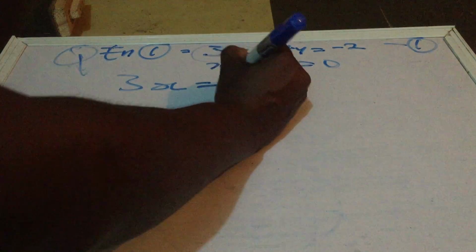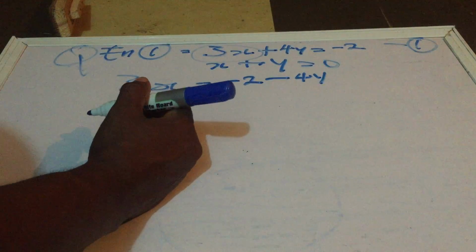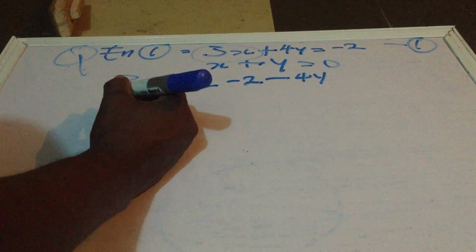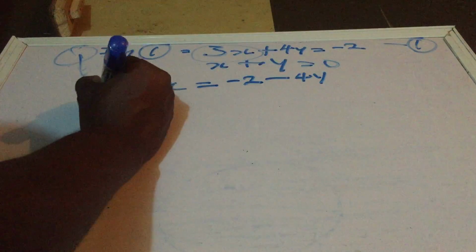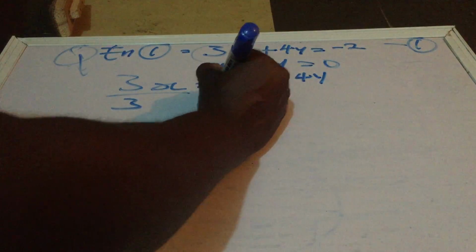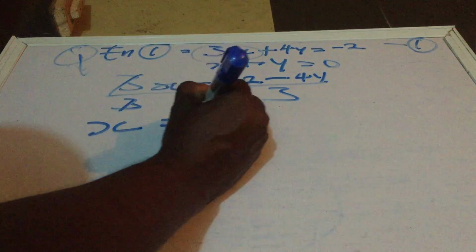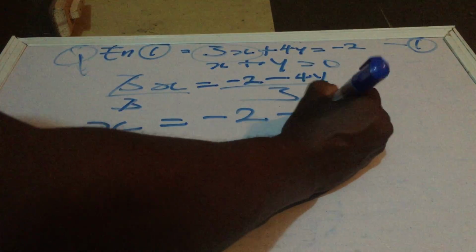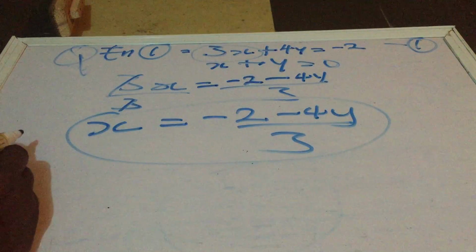That will be equal to minus 2 minus 4y, because when a plus crosses the equal sign it becomes minus. Now I will find x. We divide by 3, so 3 cancels 3. That's x is equal to minus 2 minus 4y over 3. That's my x.